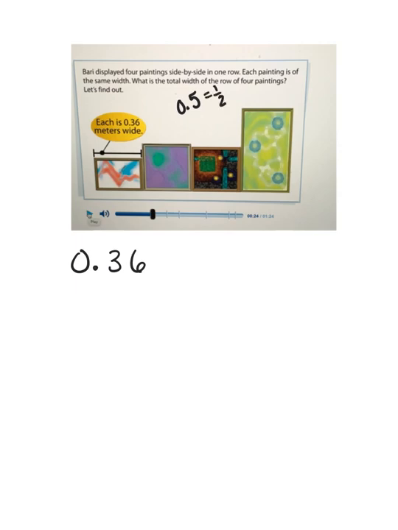Since we have 36/100 of a meter, we know that that's less than 1/2. Since there's 4 of them, we can multiply 36/100 times 4. And our answer, which we can name n, will represent the width of our 4 paintings.